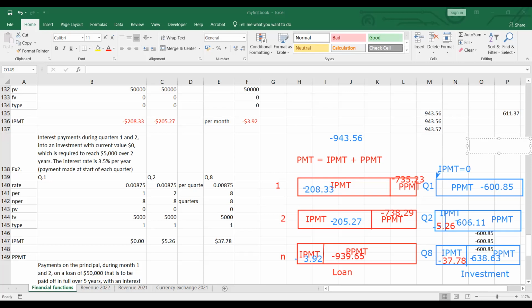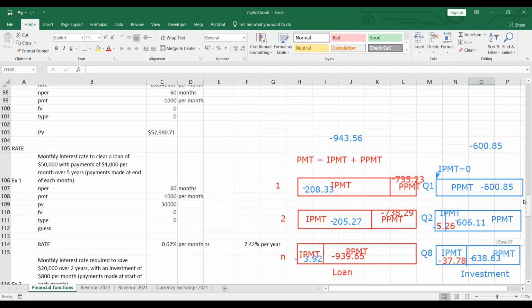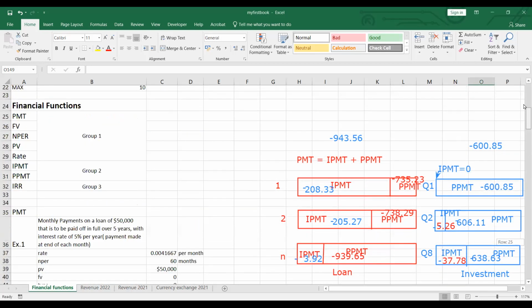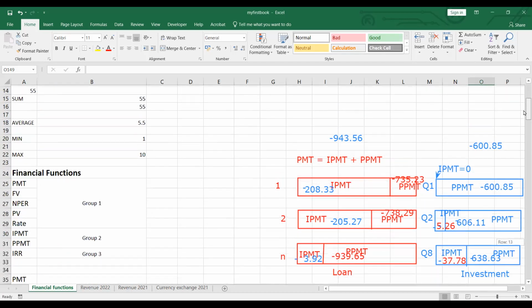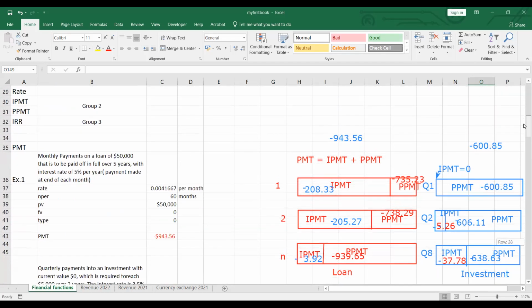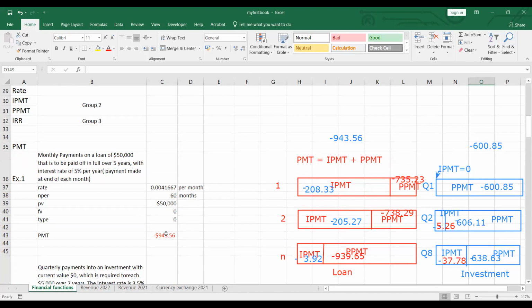First it is negative 685. What I want you to see, if you scroll up to the very beginning example that we studied, the financial function PMT, is that the amount of PMT is the same case.